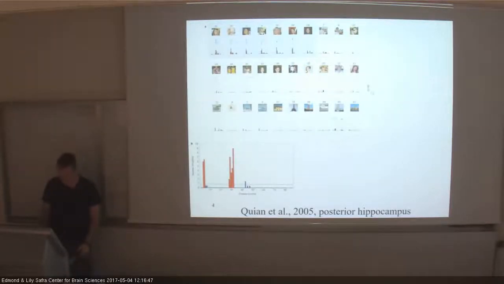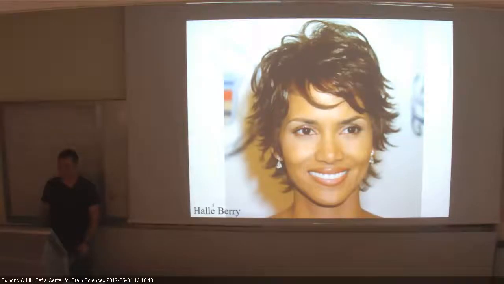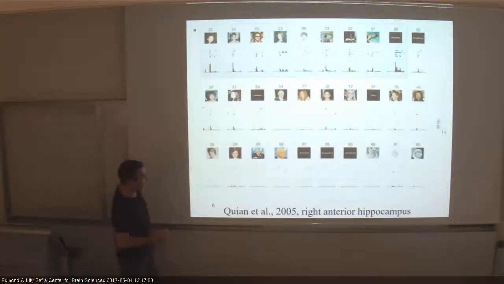But there are other examples. I'm not sure whether it's a different patient. Definitely it's a different cell in a different region. So this is Halle Berry, and this is a different region. This is right anterior hippocampus. I'm sorry?